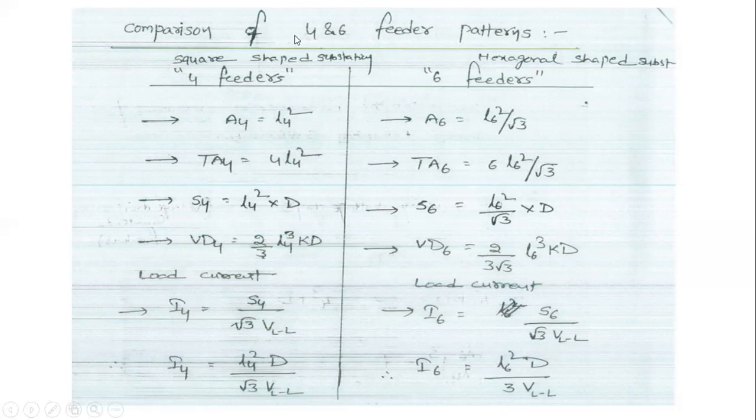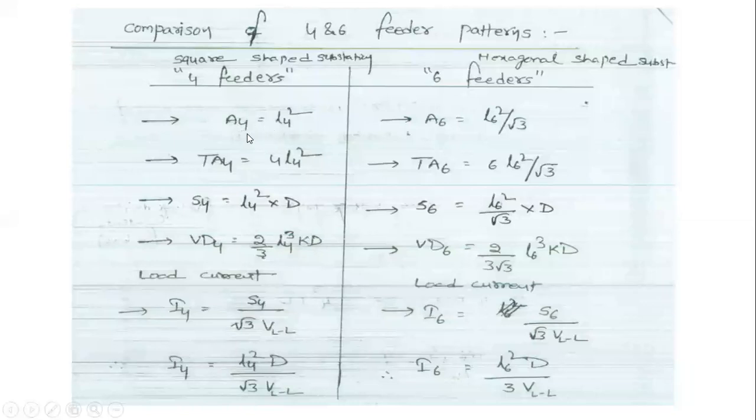4 feeders means the square shaped distribution substations, and in them we use 4 feeders. In the hexagonally shaped distribution substations we use 6 feeders. The 4 feeder case we already discussed in the previous class.